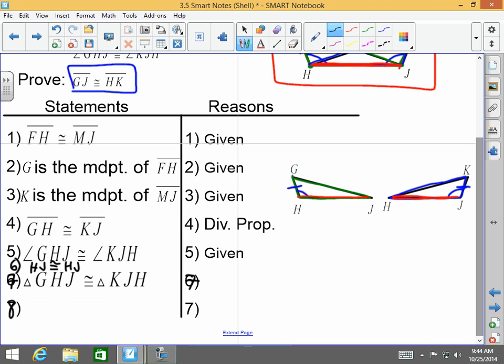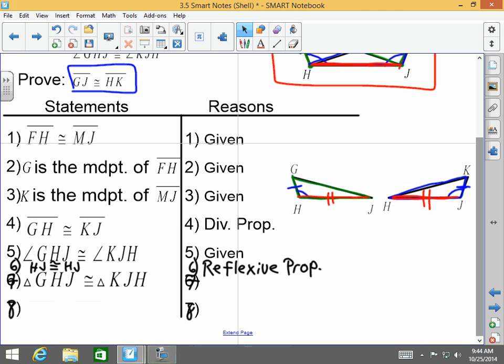This is 6, and the next will be 7 and 8, because of the reflexive property. And again, I apologize about that. Okay? So now we know that HJ is congruent to HJ because of the reflexive property.